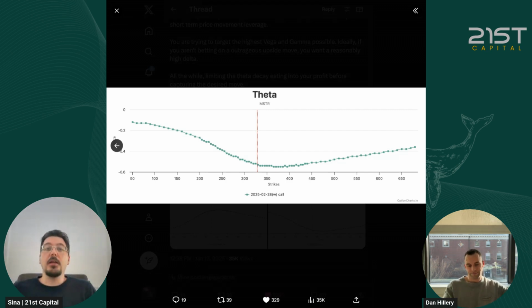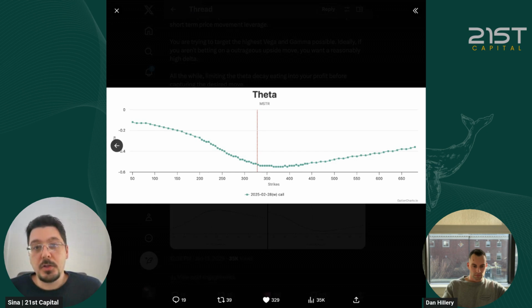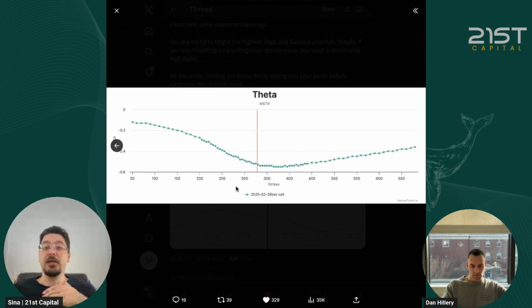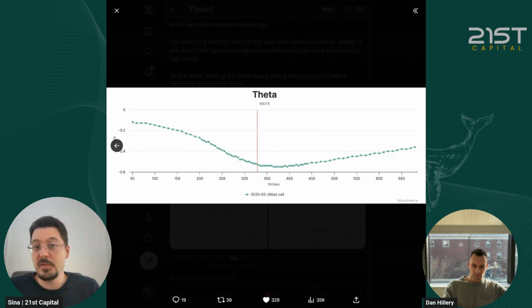So every day you might find yourself in a position, if you bought a call, for example, and paid $10,000 for it, that you are losing quite a bit of money as the value of that option goes down. And it's not linear. It's also a function of the strike and the time. So it's really important to understand where you stand on that theta spectrum and position yourself in a way that you are not losing a lot of money day by day just by waiting.